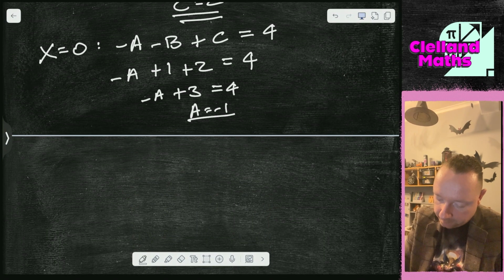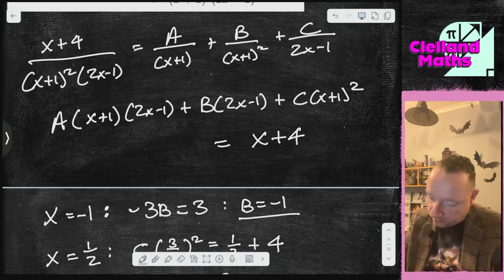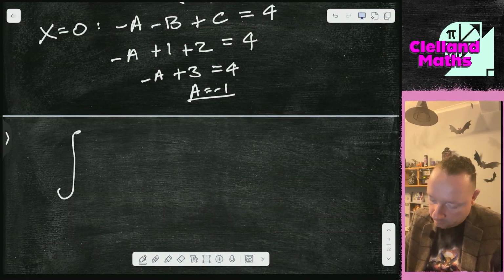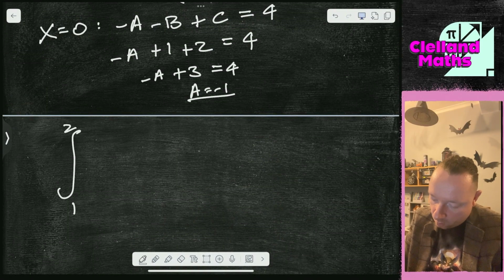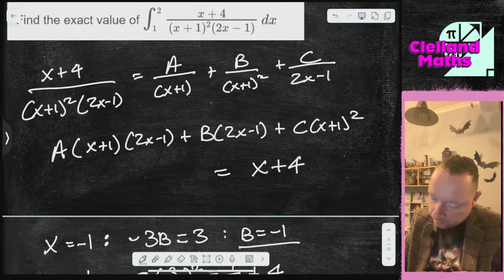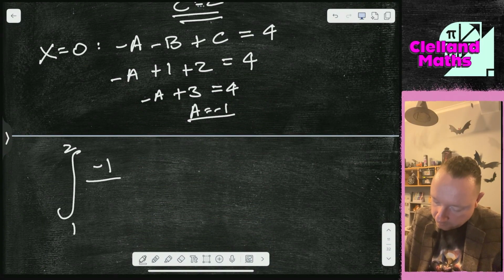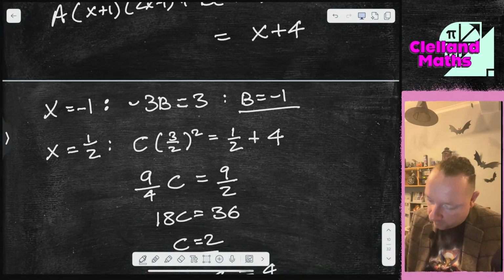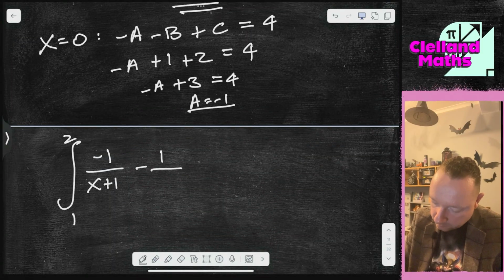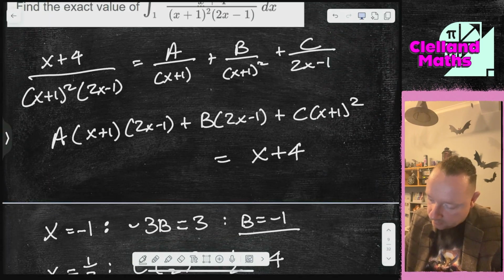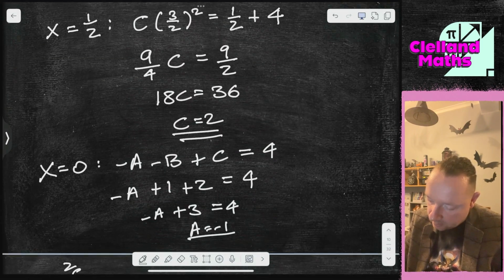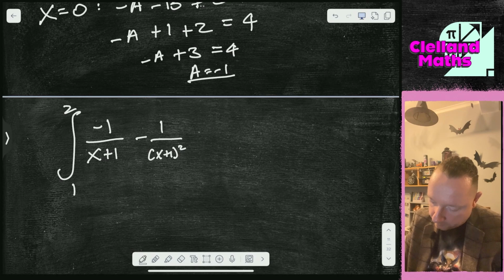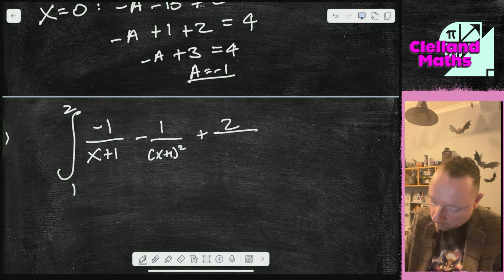So now we can integrate. We've got our partial fractions that we're integrating between 1 and 2: minus 1 over x plus 1, and minus 1 again over (x plus 1) squared, and C is 2 over 2x minus 1, dx.